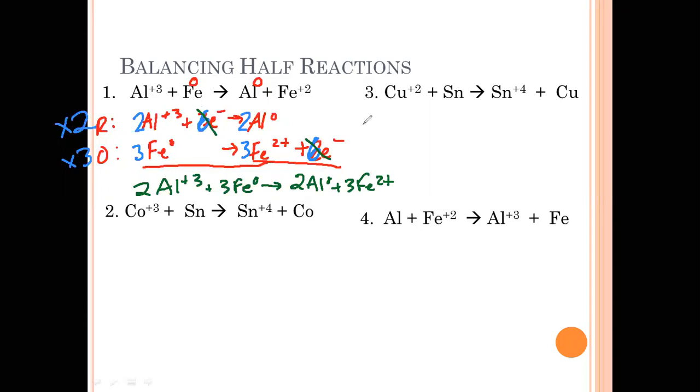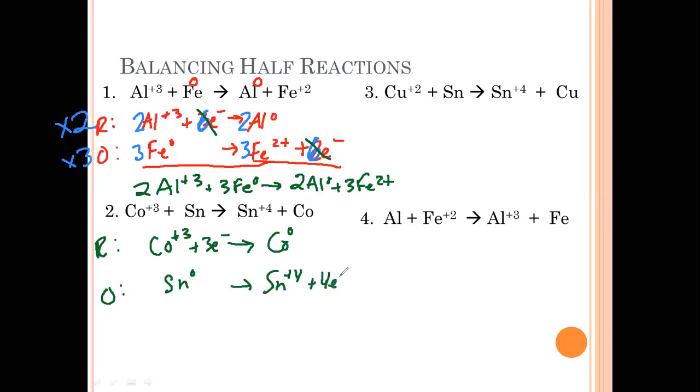Okay. So number 2, Co3+ gets reduced. So I go from plus 3 to 0. So I'm going to say plus 3e-. All right, and then Sn goes from 0 to plus 4. My lines are a little bit crazy tonight. Okay, so I have a 3 and a 4.